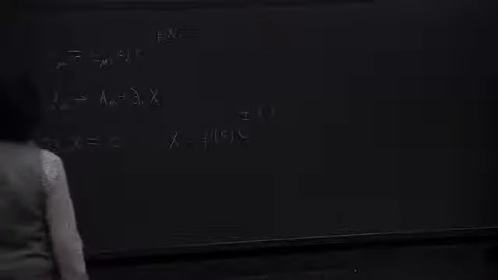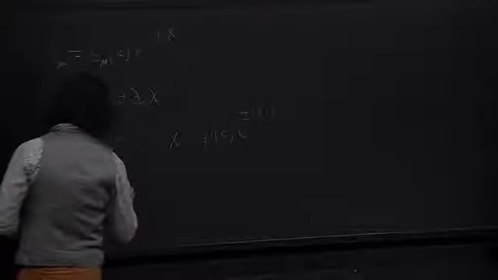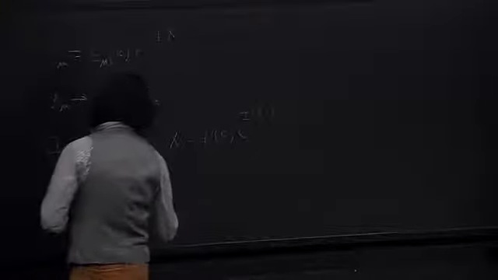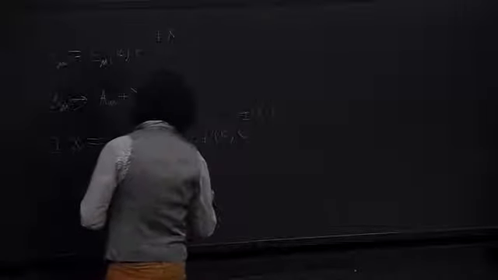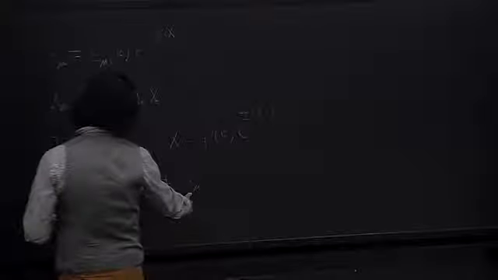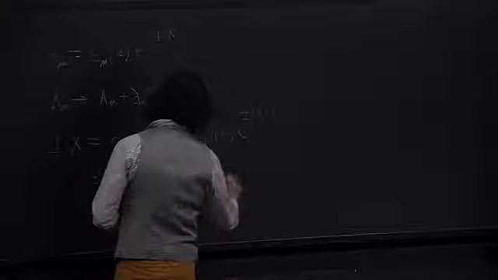So if you make a gauge transformation in the Lorentz gauge, what happens is that our polarization vector changes up to a term that is proportional to k.